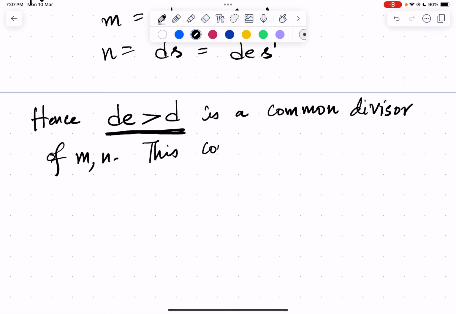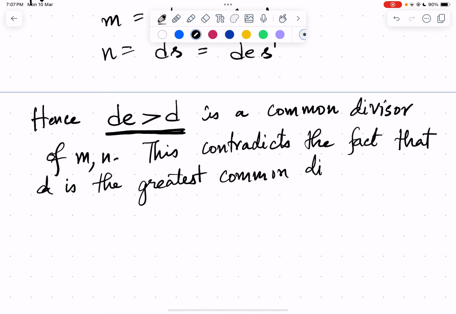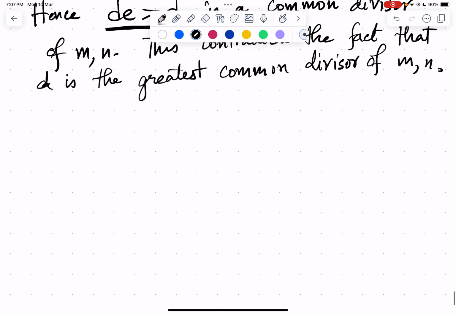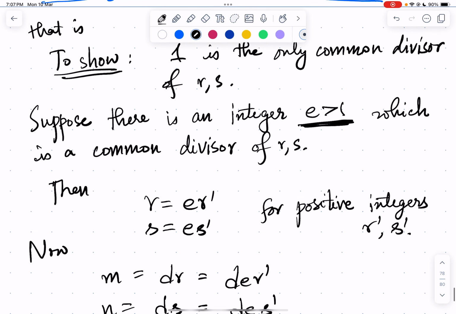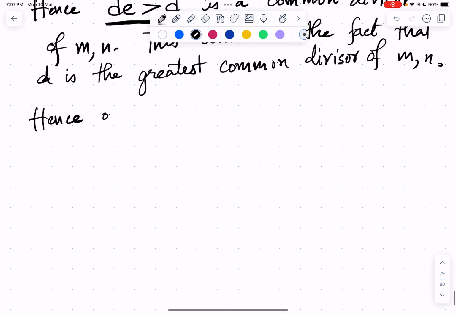This contradicts the fact that d is the greatest of all common divisors, the greatest common divisor of m and n. Hence our initial assumption is false. Suppose there is an integer e greater than 1 which is a common divisor of r and s. Hence our initial assumption is false.